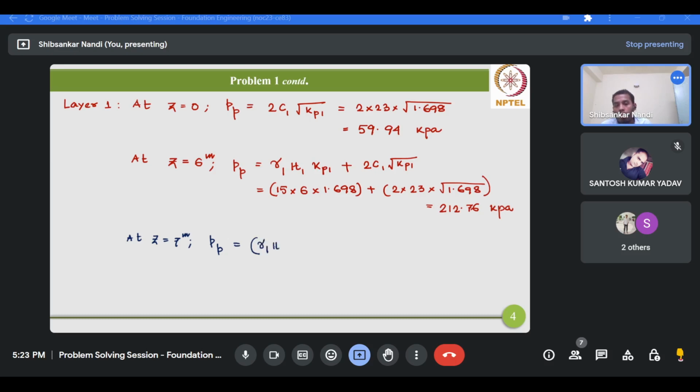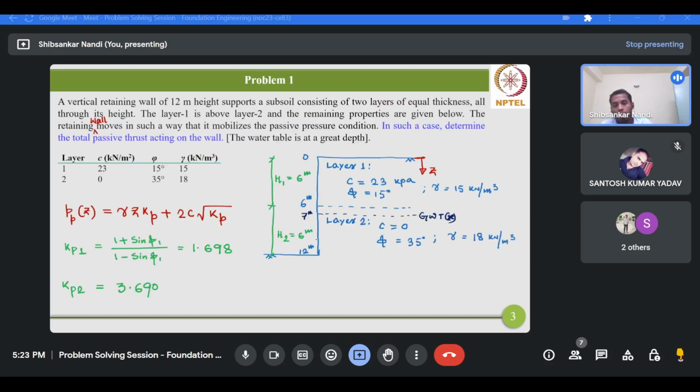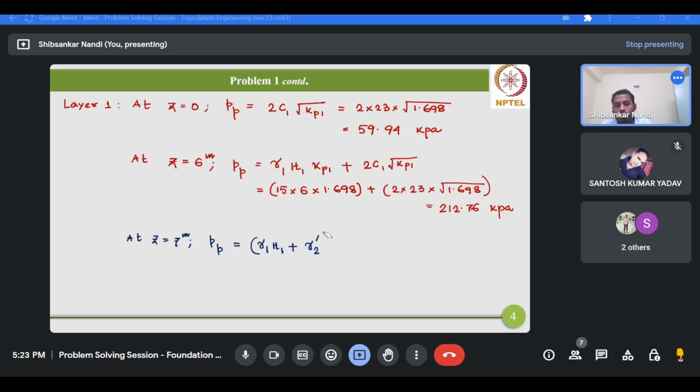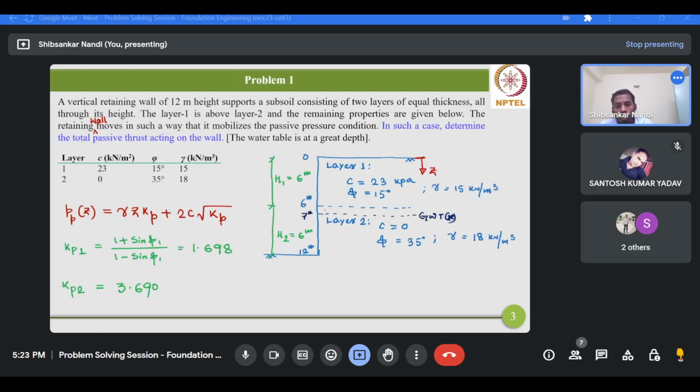For the calculation of this pp value, this should be gamma 1 h1 plus gamma 2, sorry, not gamma 2 submerged, gamma 2 multiplied by this thickness.